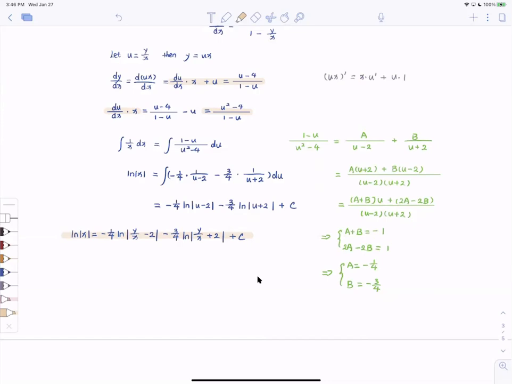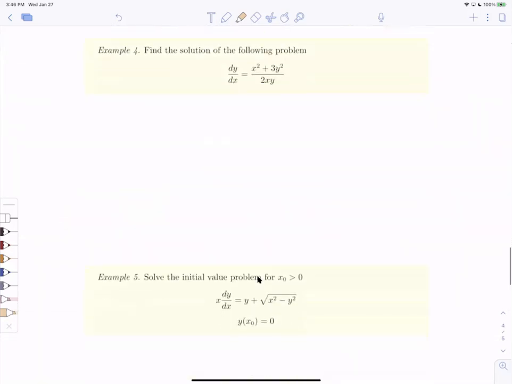Okay, any question? That means no question. Okay, next. Try this one yourself, I guess. Guys, try this one yourself.